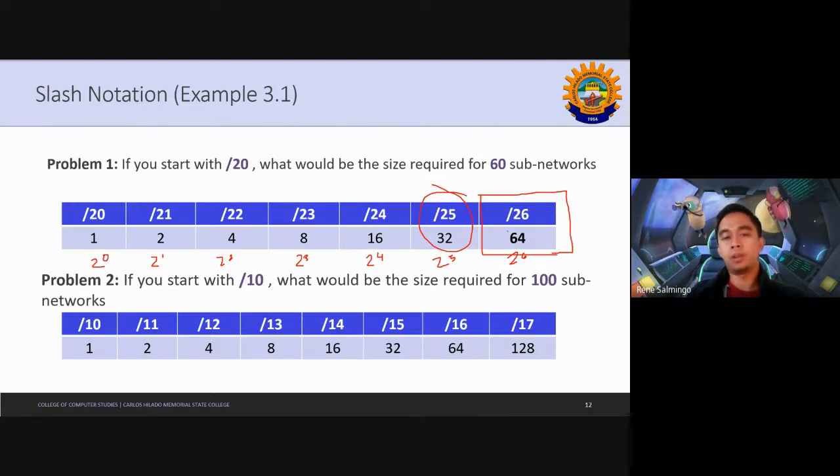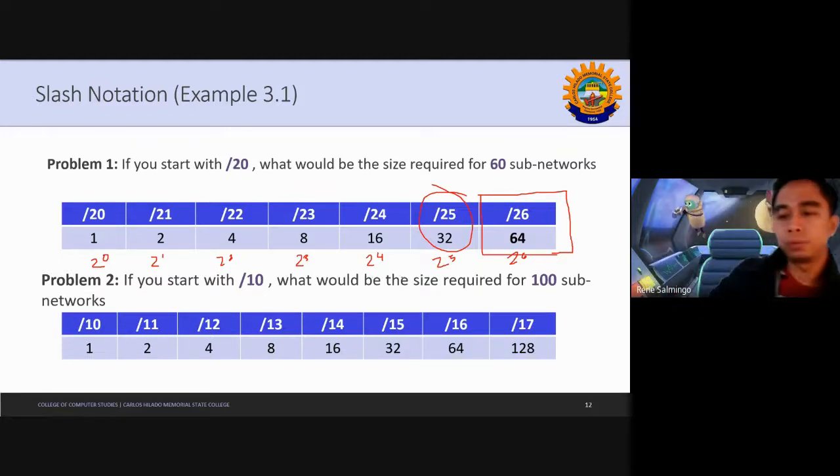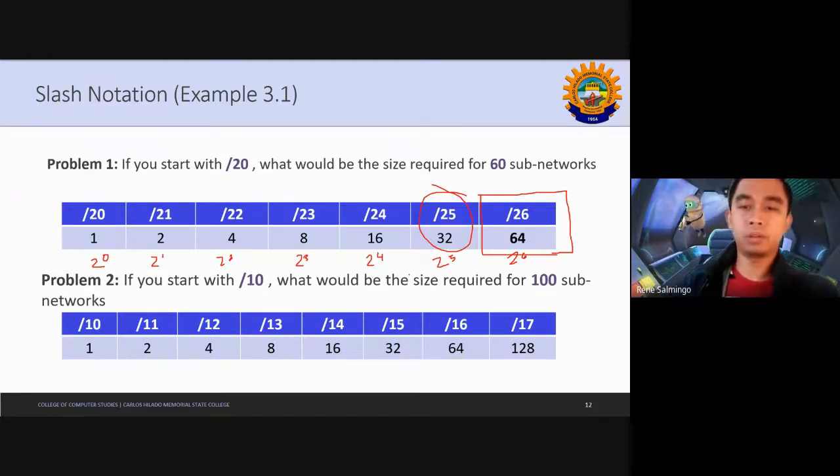Now, another example. If you start your count with /10, what would be the size required for 100 subnetworks? In this example, we use the same method that we did in problem 1. What's the answer? For problem number 2, what size is required for 100 subnetworks?